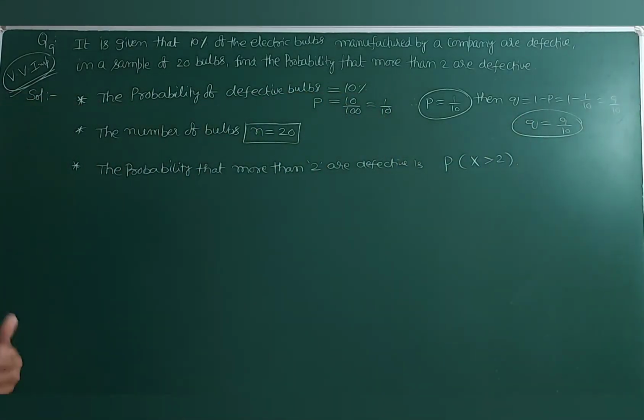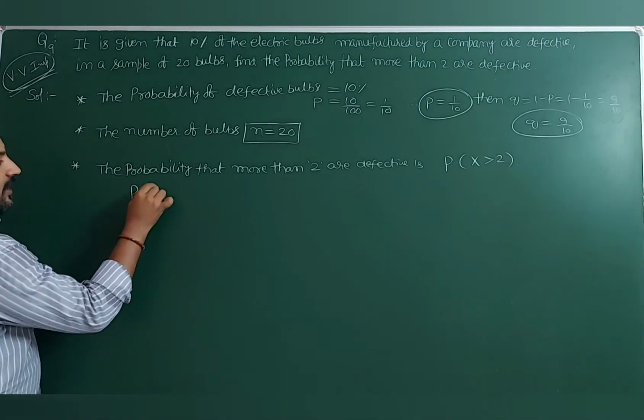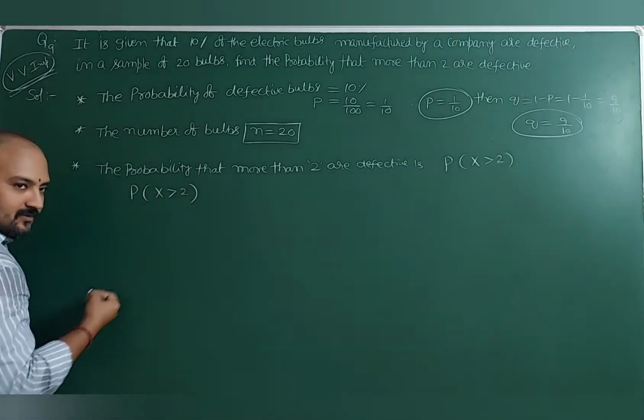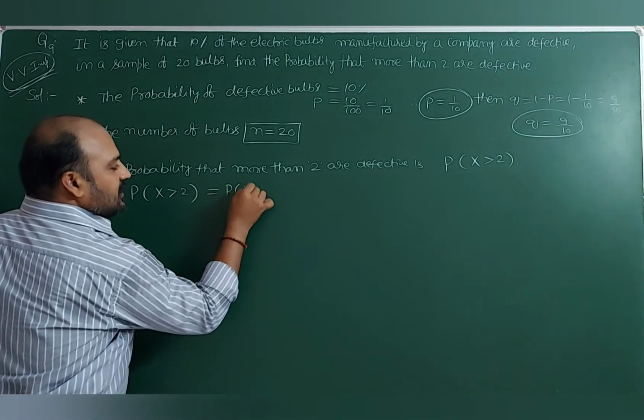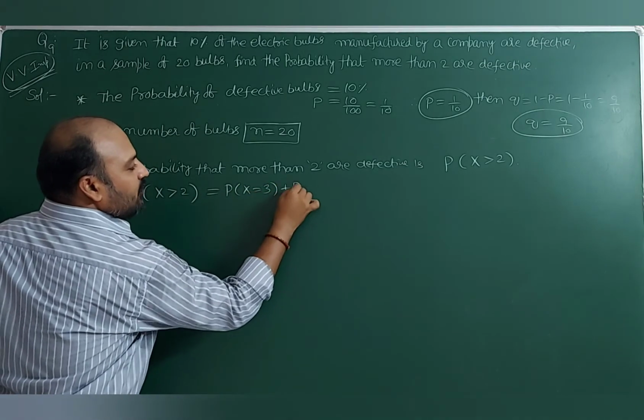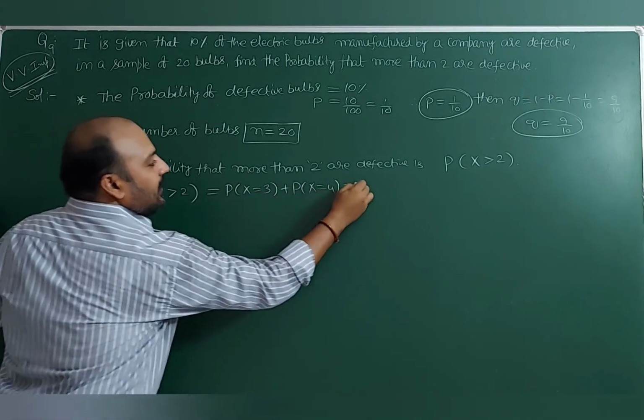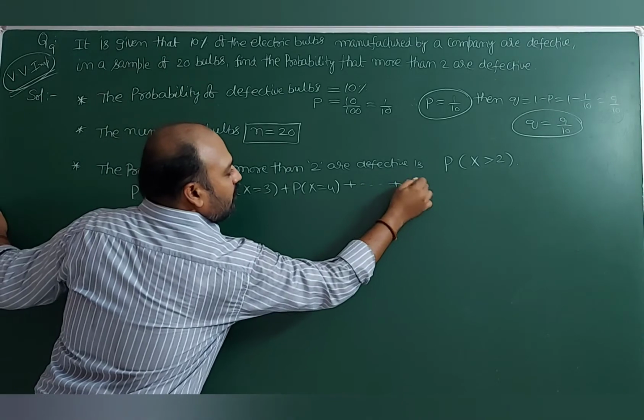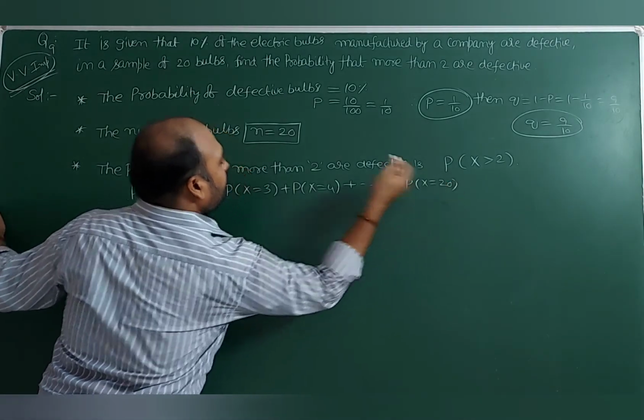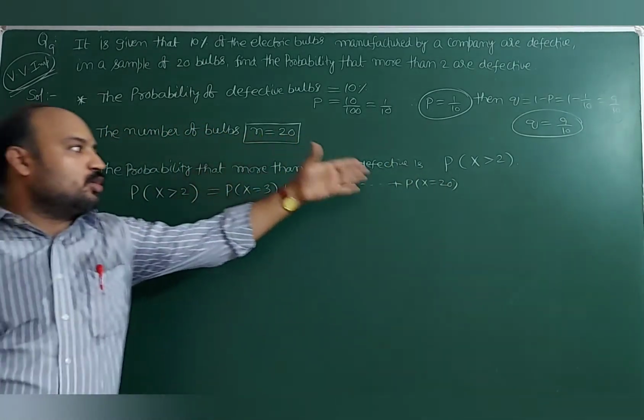What is P of X greater than 2? P of X greater than 2 means P of X equal to 3 plus P of X equal to 4 plus and so on, till P of X equal to 20, where N is equal to 20.